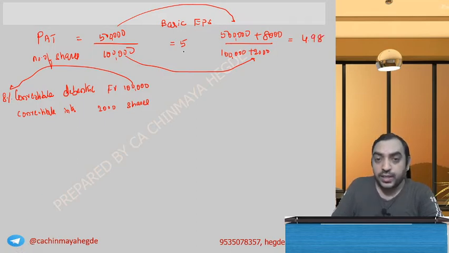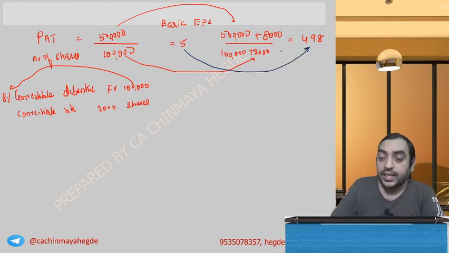So this 5 rupee is likely to become 4.98, therefore it is dilutive in nature. It is likely to go down, and it is reported. This is dilutive, and it is reported.